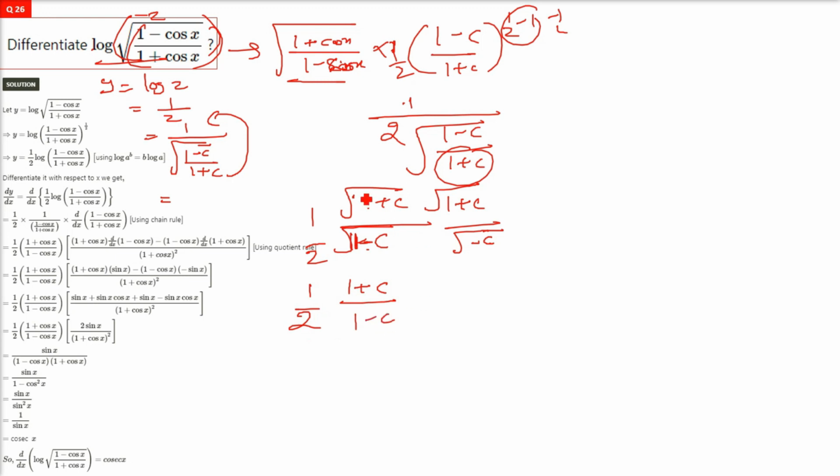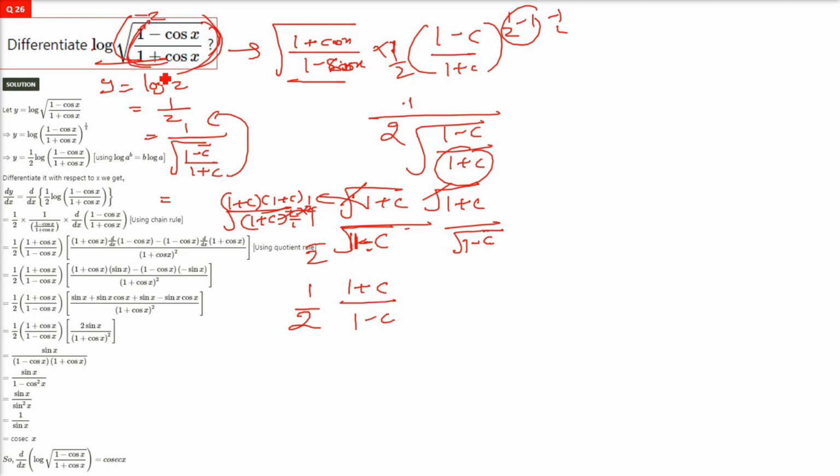Since we have 1 plus cos theta into 1 plus cos theta, the under root goes inside. It will be 1 plus cos whole square, and under root gets cancelled. So 1 plus cos, and same in the denominator: under root 1 minus cos, under root gets cancelled, because it will be 1 minus c square if you multiply inside, and 2 will be cancelled with 1 by 2. So finally we got 1 plus c by 1 minus c. C is of course cos theta. But this is just the second step.